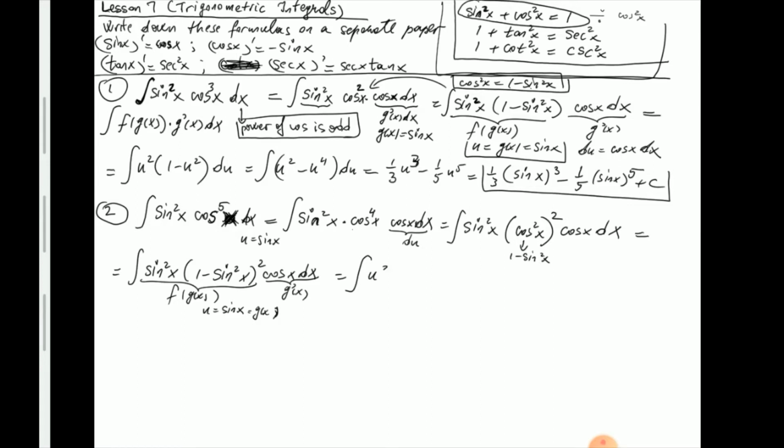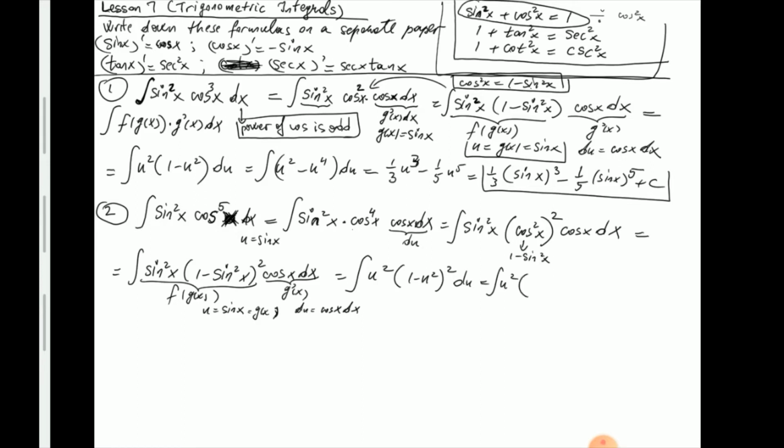So once you do the substitution, u equals sine of x, du again is cosine of x dx. So we're going to end up with u squared times the quantity 1 minus u squared, squared, du. So now I have to do more algebra here.